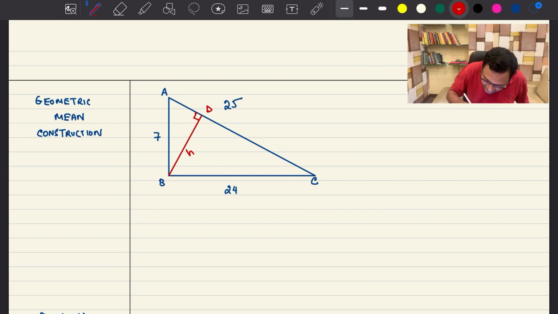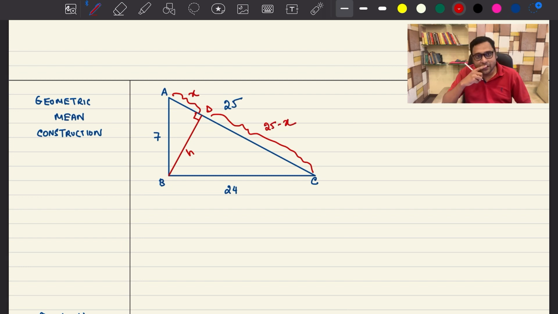Let's say this AD is X, then CD is simply 25 minus X. What you can do, and I'll show you why this is true, you can easily show that the square root of AD times CD is actually H.